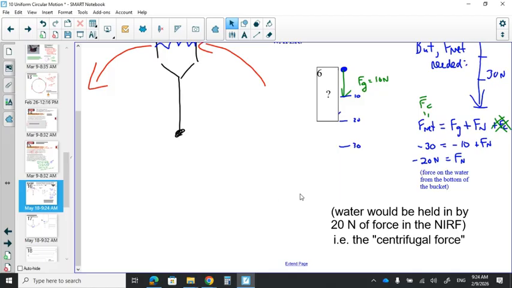The centrifugal force of 20 newtons is what you're going to interpret that as. So in a vertical circular motion situation, how much you feel like you're getting thrown outwards changes: it's the least at the top and the most at the bottom. Whereas in horizontal, we have a question I'll analyze for horizontal, you feel the same outward force the whole time.